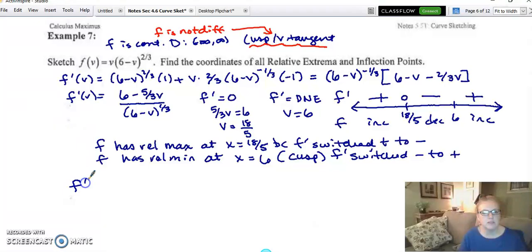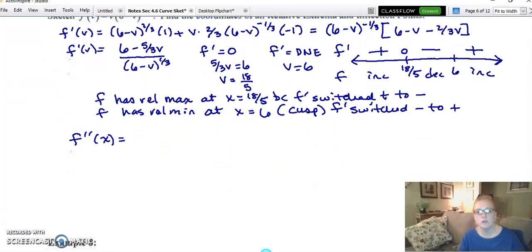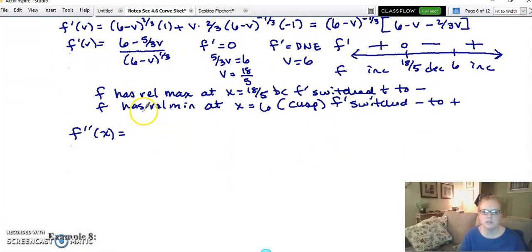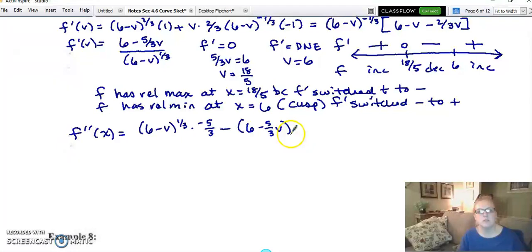So then we come down, let's find our second derivative. And for our second derivative, we are going to need to use the quotient rule. That's what I would do because I think it might be a little easier in terms of simplifying. So we take the low d high, which is negative 5/3, minus the high, 6 minus 5/3 v, times the derivative of the low: low d high minus high d low.